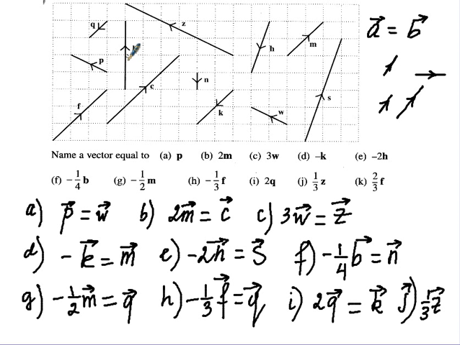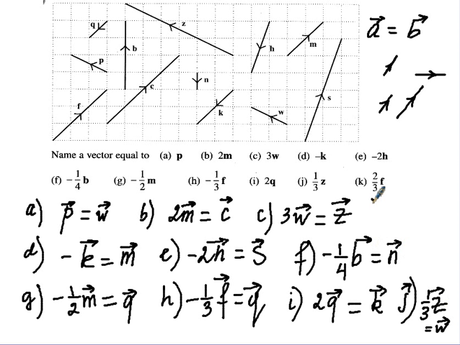So 1/3 of this is going to be 2 units. 6 divided by 3, so it's going to be 2 units across, and it's not 3 units up, but just 1 unit up, because 3 divided by 3 is 1. So we're looking for a vector which will be 2 units to the left, 1 unit up. Seems the vector W will be good for us.